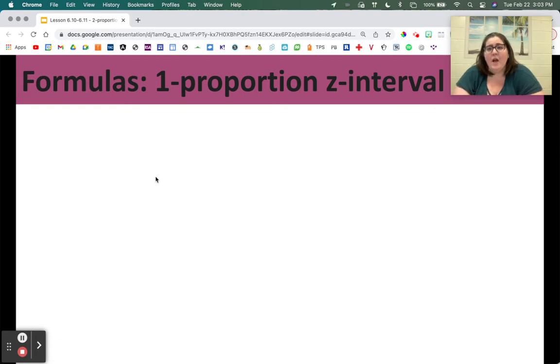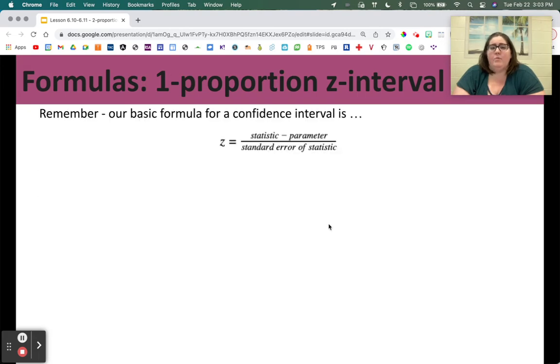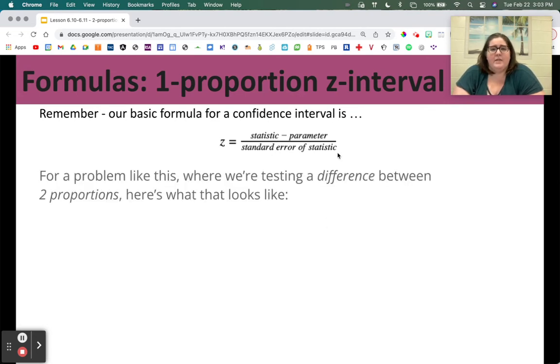So formulas, we're not going to spend too much time on this, because the formula for a two proportion z-test is kind of complicated. We still have a basic formula for a z-score. This says confidence interval, it should say z-score. Standardized score is your statistic minus your parameter divided by standard error of statistic.